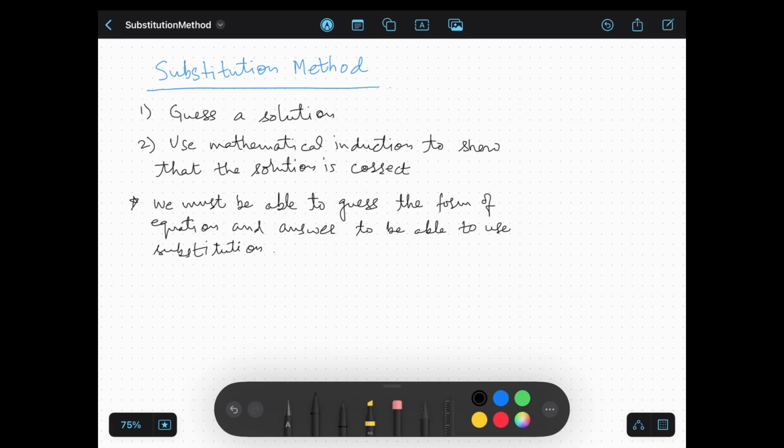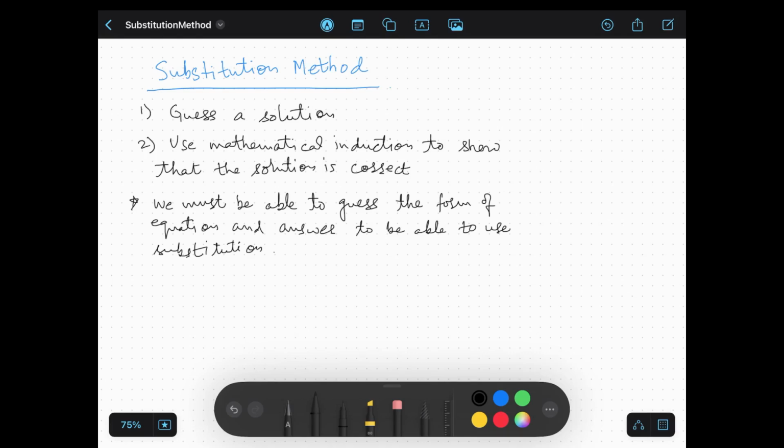This is a very powerful method for solving recurrences, and it has two steps. The first step is we guess a solution for a given recurrence, and after that we use induction to show that the solution is correct.